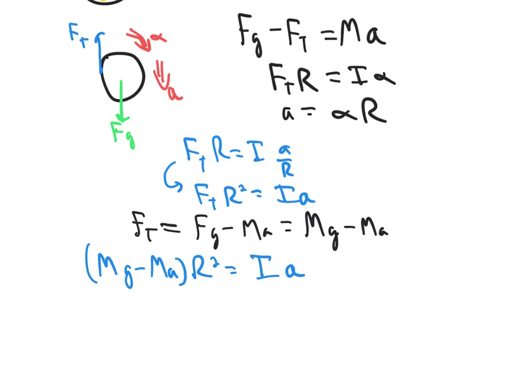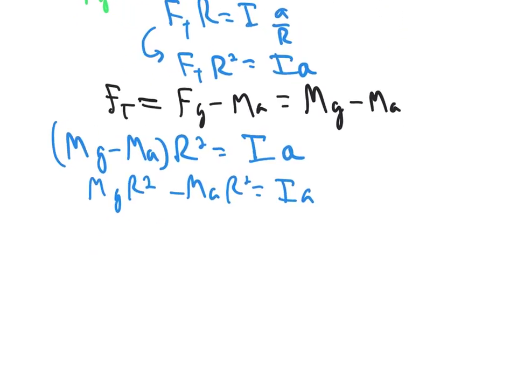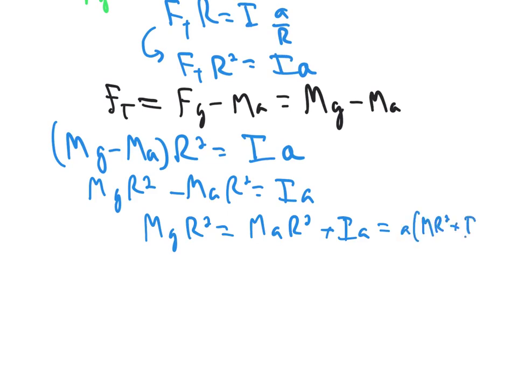Then we can just distribute, so we'll say something like mgR squared minus maR squared equals I times a. So we can bring the a terms to one side, so we'll have mgR squared equals maR squared plus Ia. We can factor out the a, and we'd have mR squared plus I.